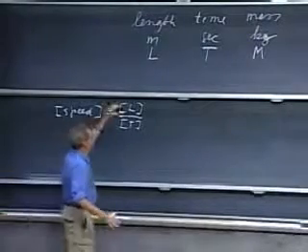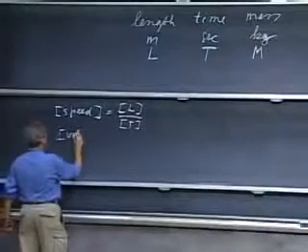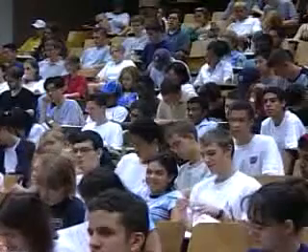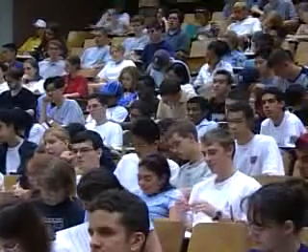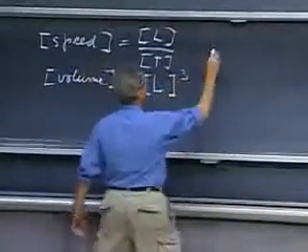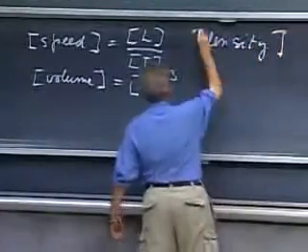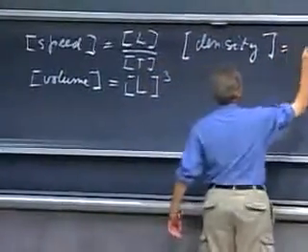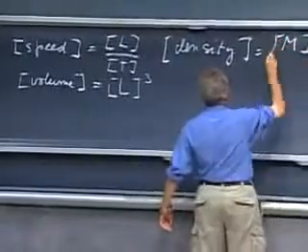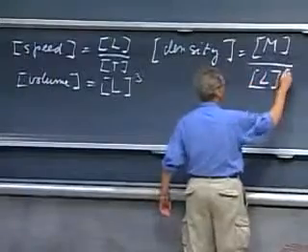It has the dimension length per time. Volume would have the dimension of length to the power 3. Density would have the dimension of mass per unit volume, so that means mass divided by length to the power 3.